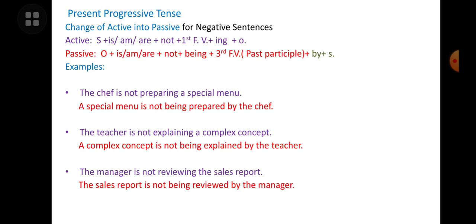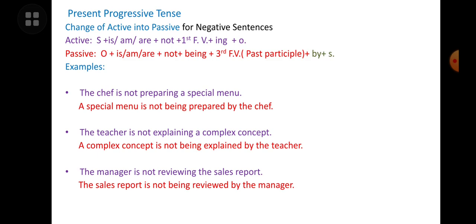And when we change it into passive voice, it will become: object of active voice, plus is, am, or are, plus not, plus being, plus third form of verb, plus by, plus subject of the active voice. So here are some examples to make sure that you know.